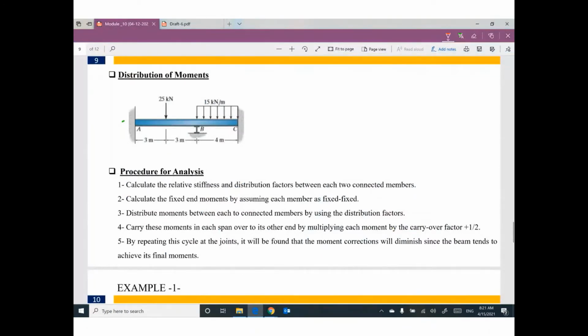For this beam, we have fixed at A, roller at B, fixed at C. The idea for this method is, I'm going to assume the first member AB as fixed, and the other member BC as fixed. Right now, I'm talking about the concept of this method.